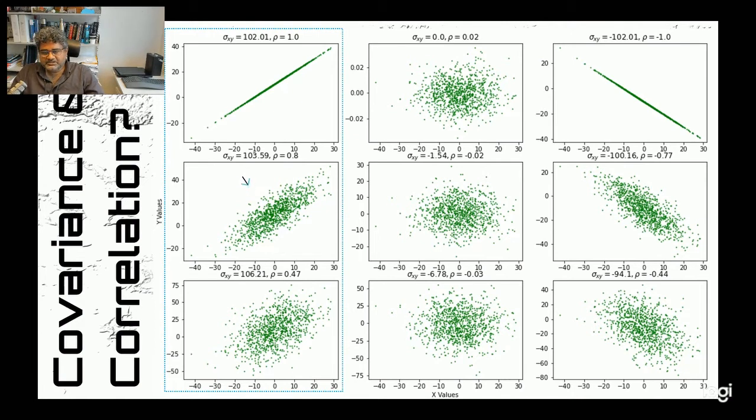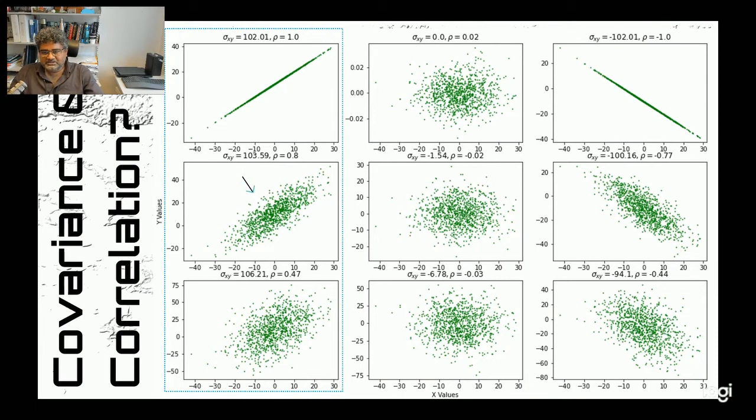What has happened in this situation is I have introduced a little bit of noise or uncertainty into the data set presented in the top figure. So the middle figure consists of the same data set with additional noise. Therefore the covariance value in this data set is somewhat similar to the top figure, represented by 103, but the correlation has reduced drastically because of the uncertainty or noise we have introduced.